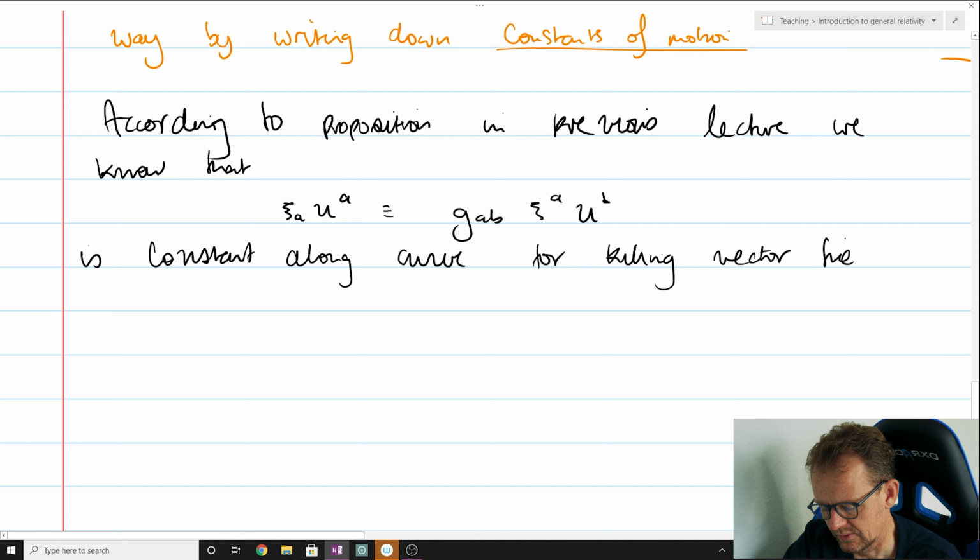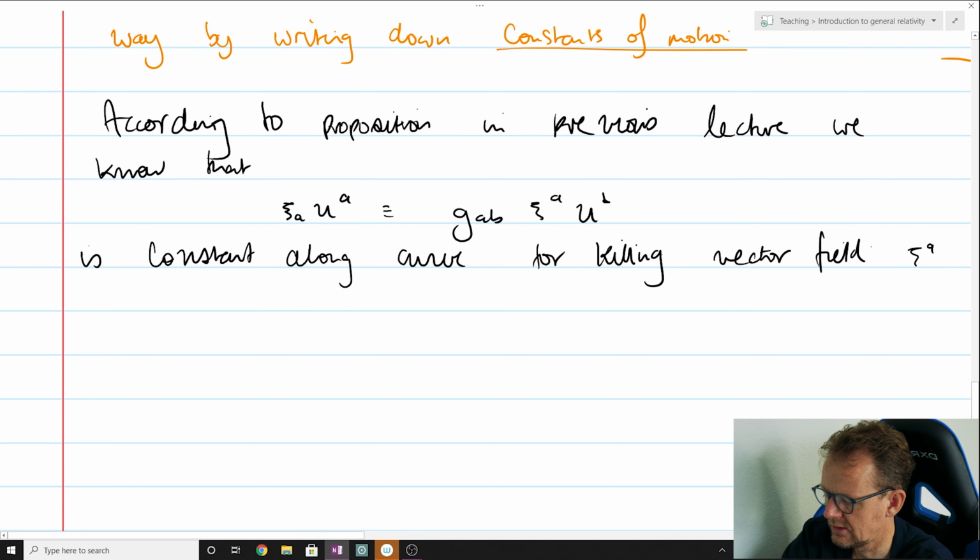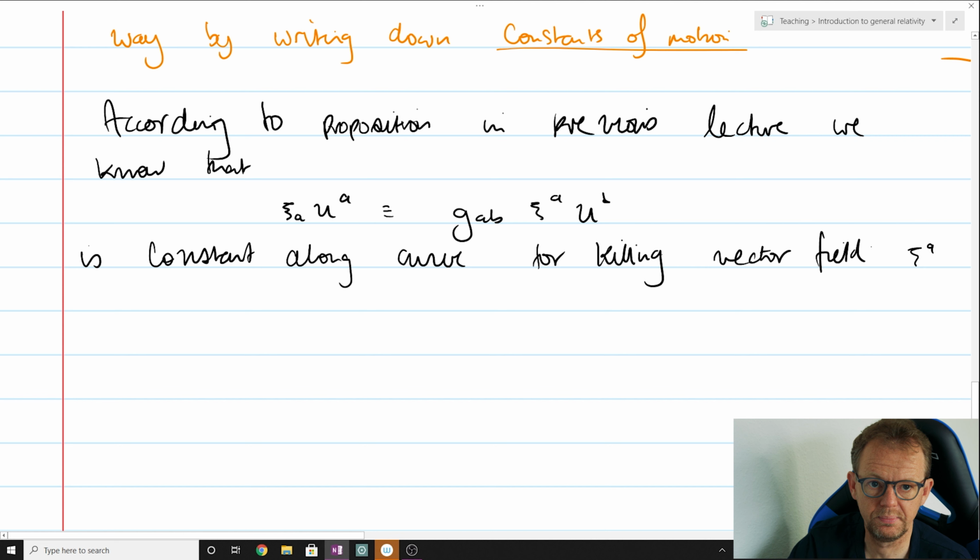That's a pretty impressive and useful result, because some solutions to Einstein's field equations have natural big isometry groups, and associated to an isometry group is a Killing vector field, and associated to a Killing vector field are constants of the motion.